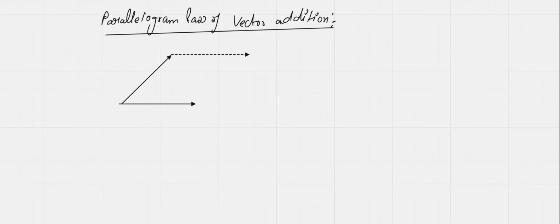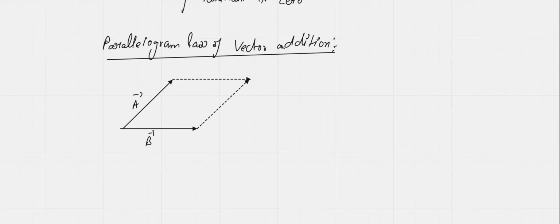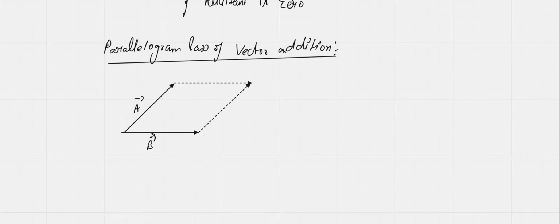I can join the rest of the sides. These were the two main vectors, A vector and B vector. Look, these are adjacent, not consecutive. If they are two adjacent sides, then the resultant of these is going to represent the diagonal forming out of it. Meaning to say, this diagonal is going to represent the resultant. Is that clear?